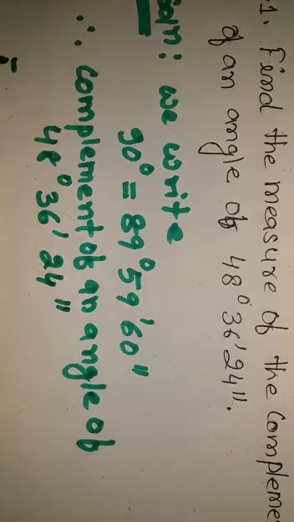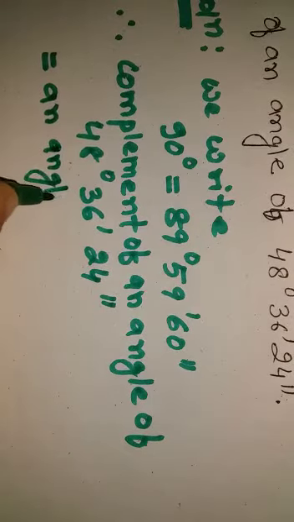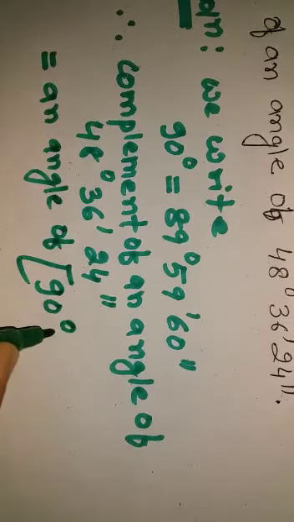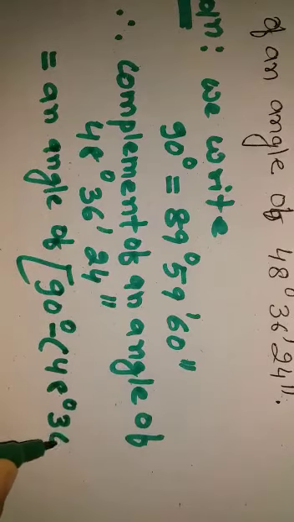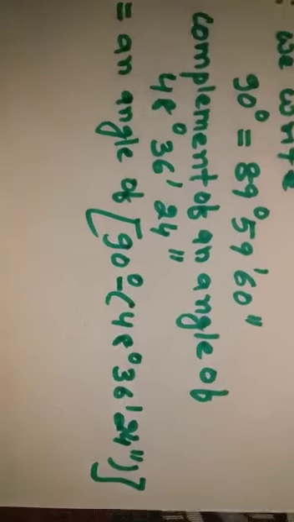The complement is written as 90 degree minus this one, that is, 90 degree minus 48 degree 36 minute and 24 second. Okay, so let us do the subtraction.